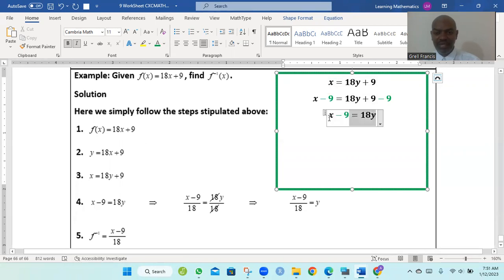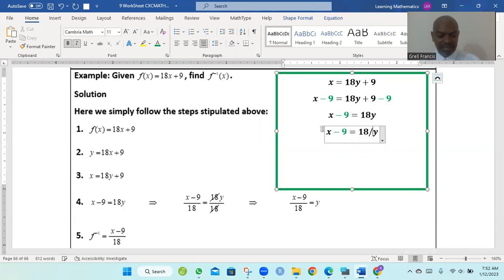So to cancel out that 18 that is multiplying to y, you have to divide by 18 on the right side. Now, if you divide by 18 on the right side, you have to divide by 18 on the left side also. So as we are doing this, please copy this down. So we divide by 18 on the right, and now we are going to divide by 18 on the left also.